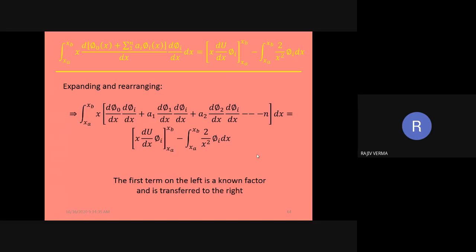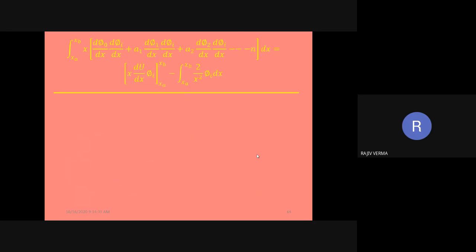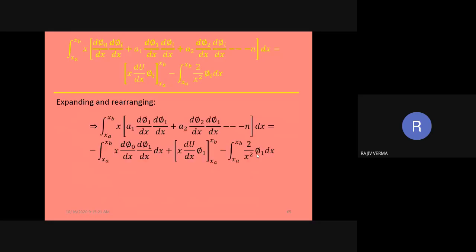The term which I am talking about is d phi naught by dx multiplied by d phi I by dx. This is a known quantity. And this is one term which we can transfer to the right hand side of the equality sign. So in the next slide, we are simply going to transfer this term to the right to get the resulting expression.